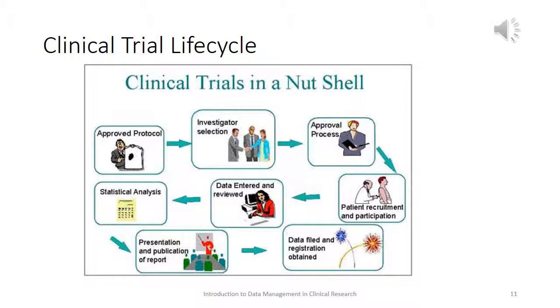The next thing we're going to do after we've got our approved protocol is we're going to start to select our investigators. These are our principal investigators. Remember, they're the doctors that conduct the trial. So a couple of things that we're going to be looking for in that selection process. We're going to look for doctors that have participated in clinical trials in the past, that also have experience in the therapeutic area that our trial is being conducted in.